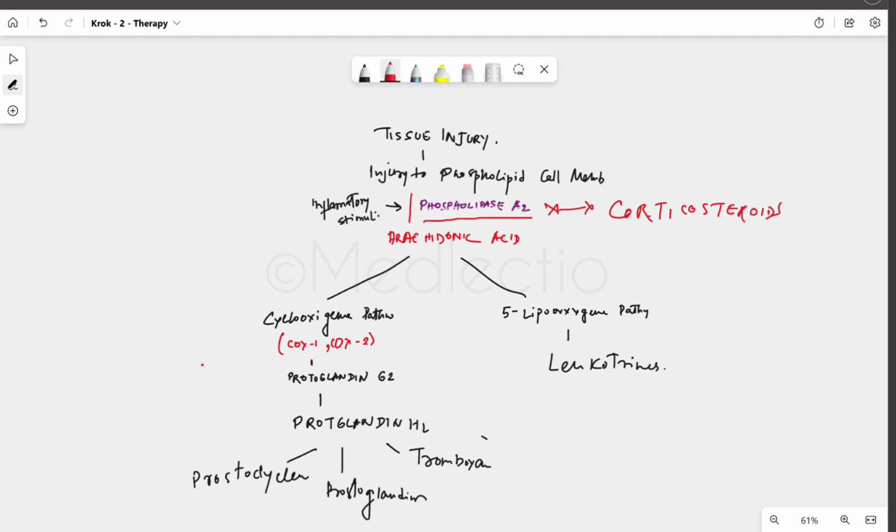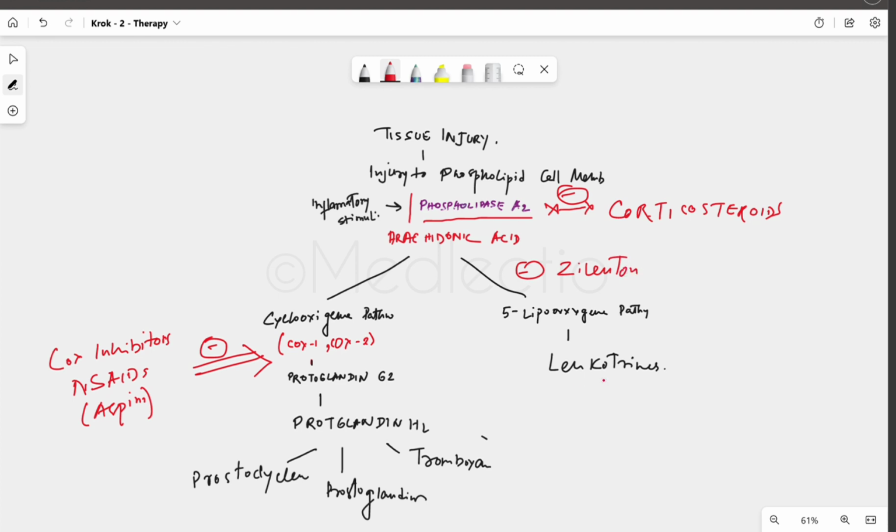Then we have these, which are inhibited by NSAIDs like aspirin. We also call them COX inhibitors.